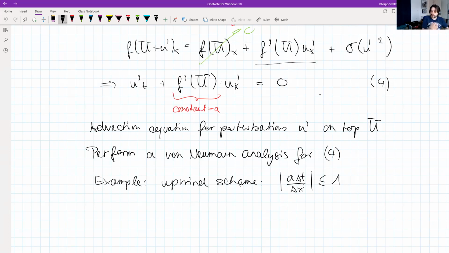This is what I know from the von Neumann analysis. And now, because I know what my A is, for my specific case right now it means that f prime of capital U times delta t divided by delta x must be lower or equal 1 for stability.